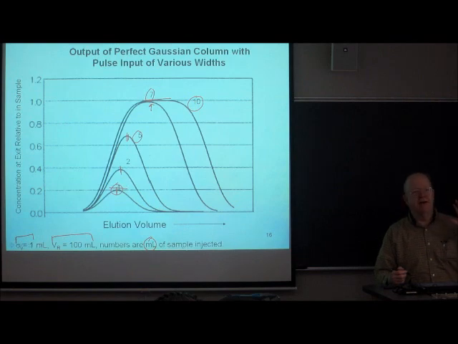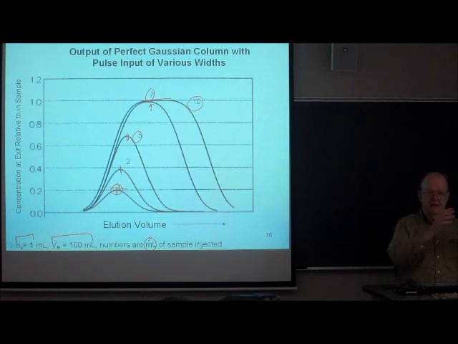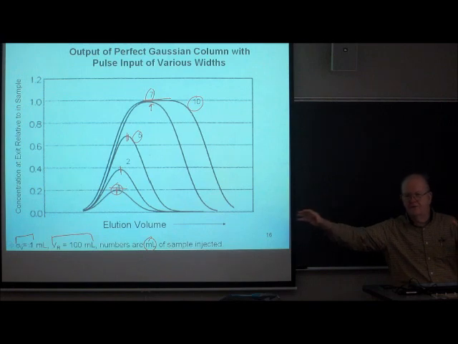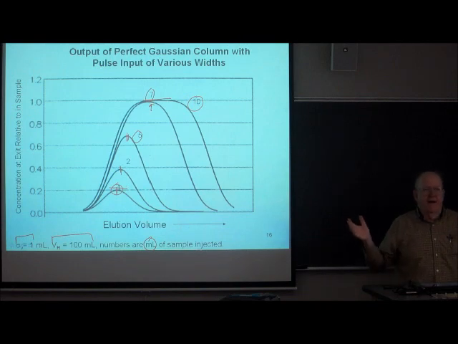And if I inject a larger volume yet, say I inject 20 milliliters, the height of the peak is not going to get any bigger. The reason is you've totally flooded the column. What's coming out of the column is the same concentration as what's going into the column. And it can't possibly exceed that. That would require you to make mass inside the column. It would be the opposite of destroying mass.